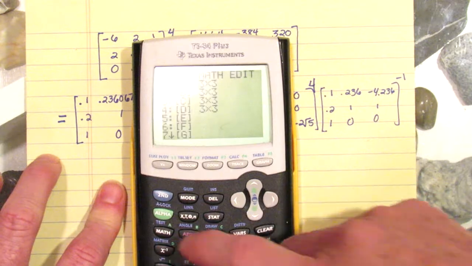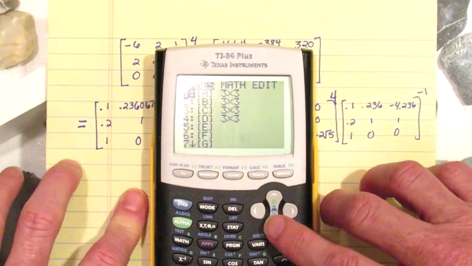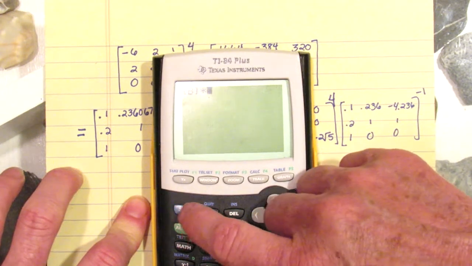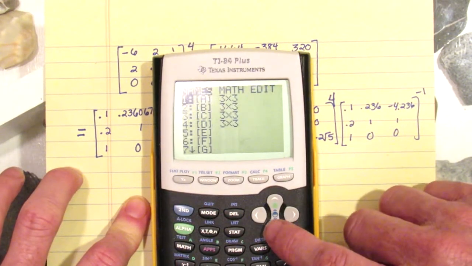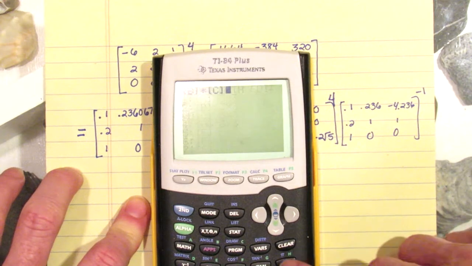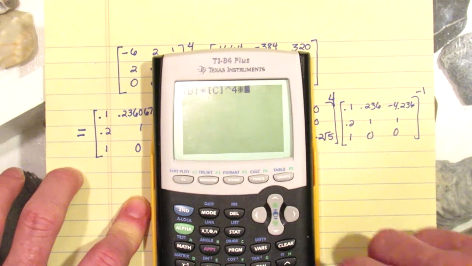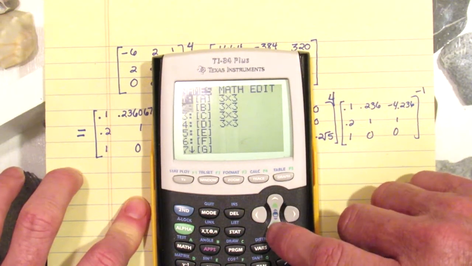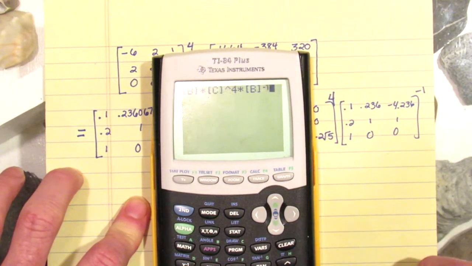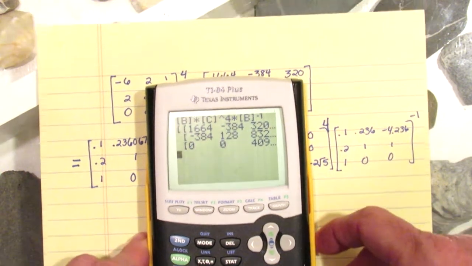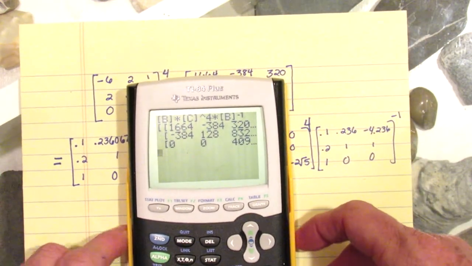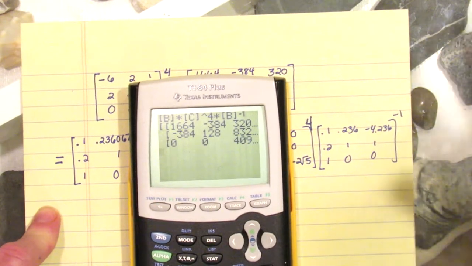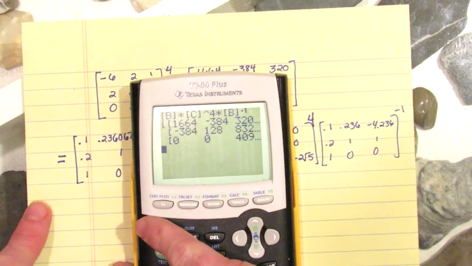So if I go into the calculator and I take B and I multiply by C raised to the 4th power, and then I multiply by B inverse, I get that same matrix that we said was A to the 4th. So that's just an example of what we've been talking about actually in practice.